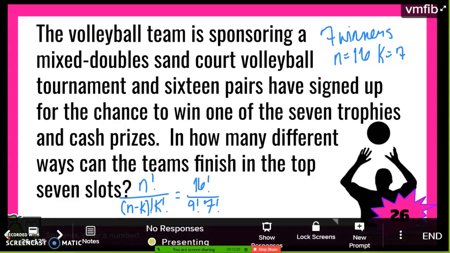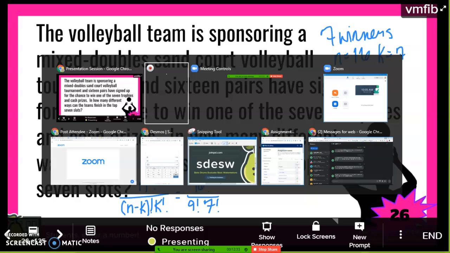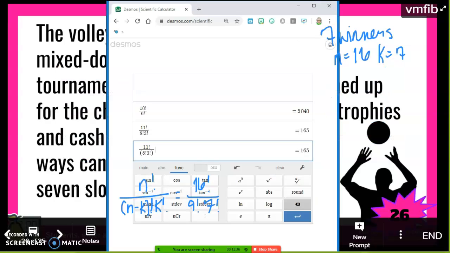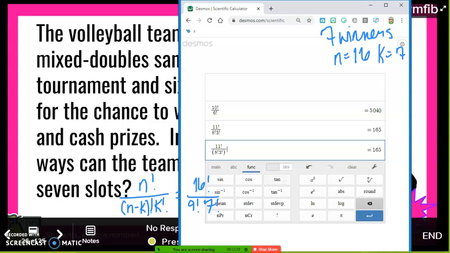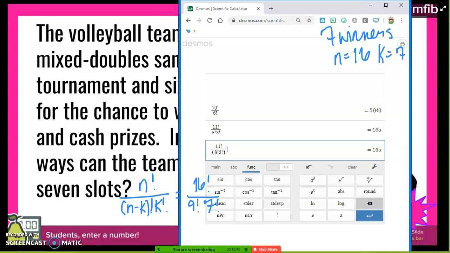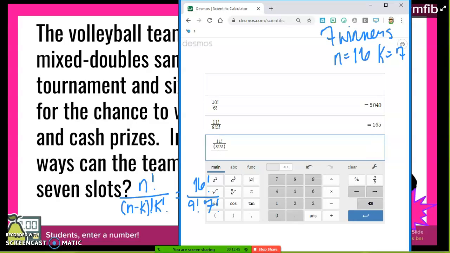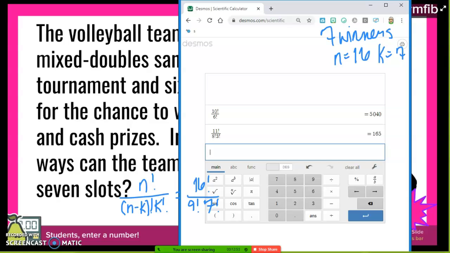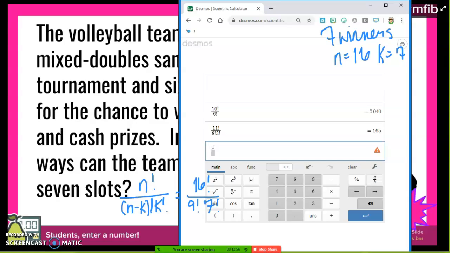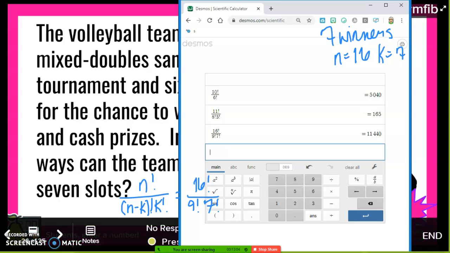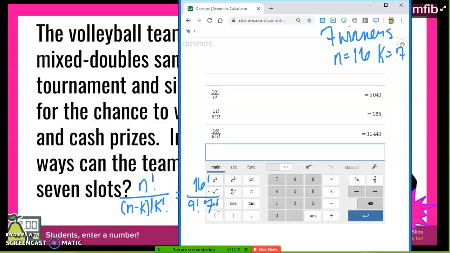To put that in our calculator, we've got 16 factorial divided by 9 factorial, 7 factorial, 11,440.